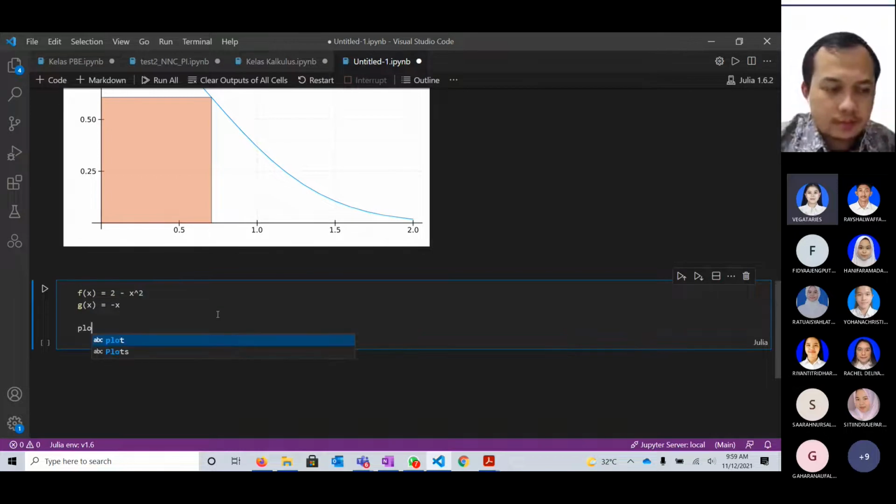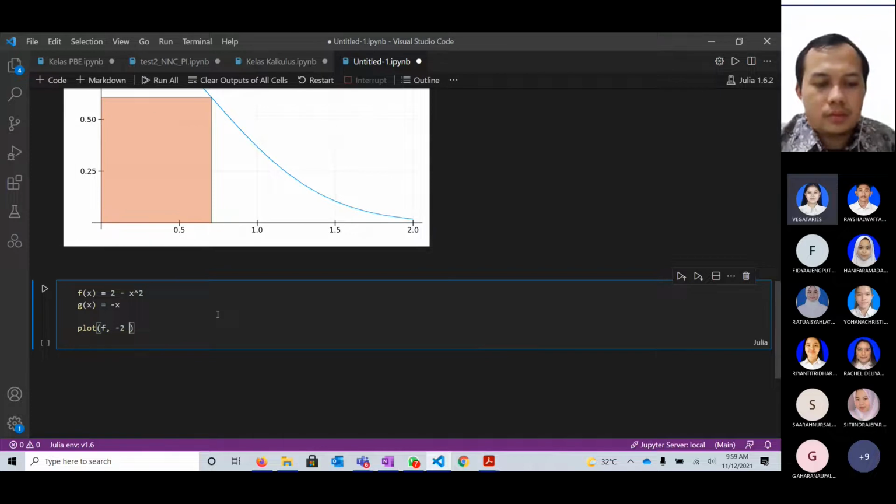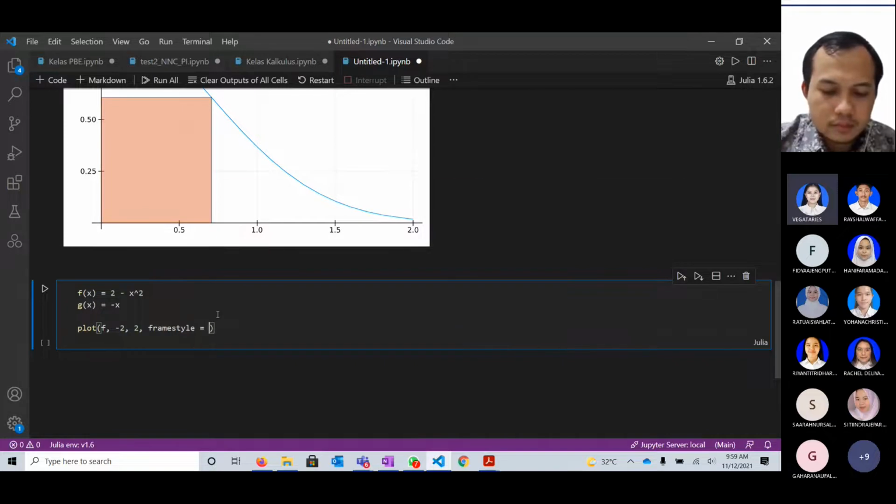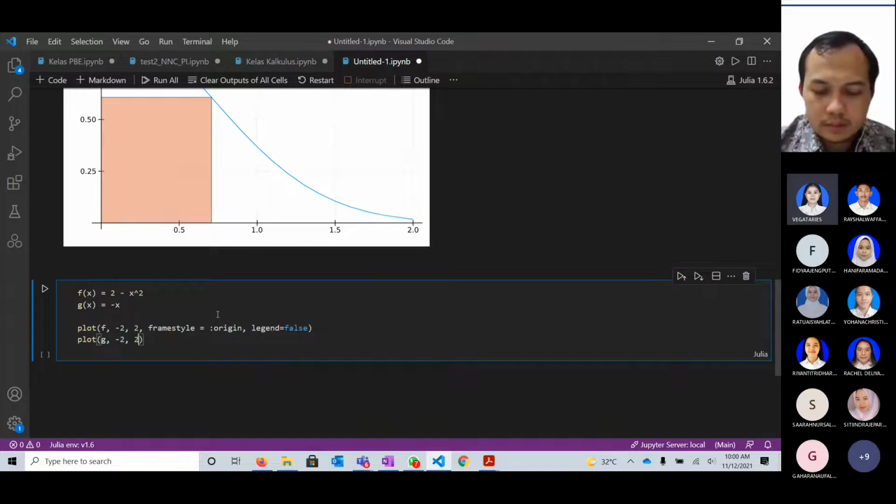So if we plot f from minus 2 to 2, plot g from minus 2 to 2, yeah.